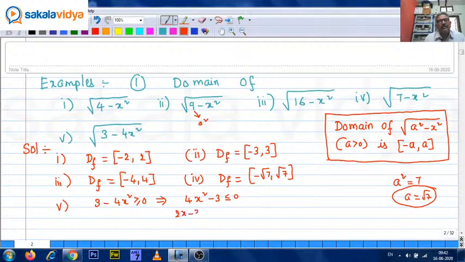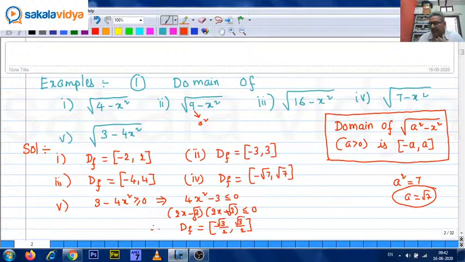This we can write 2x minus root 3 into 2x plus root 3 less than or equal to 0. Therefore, domain of F is equal to minus root 3 by 2 comma root 3 by 2. Sorry, I forgot root 3. Thank you.